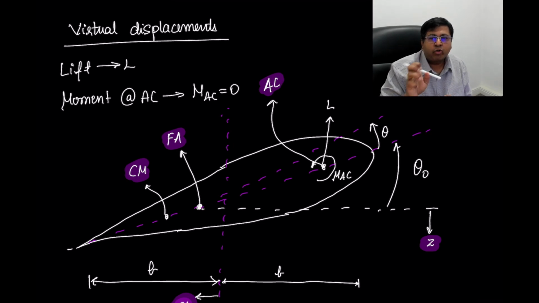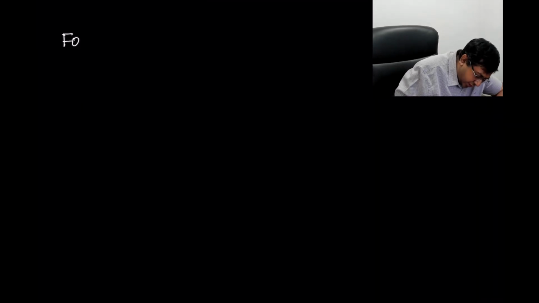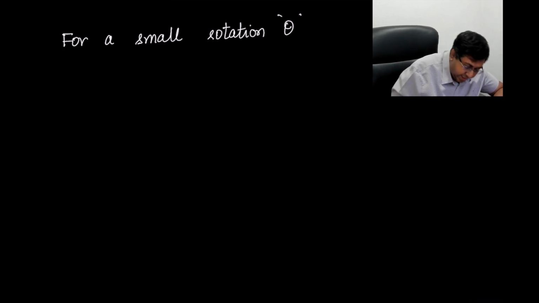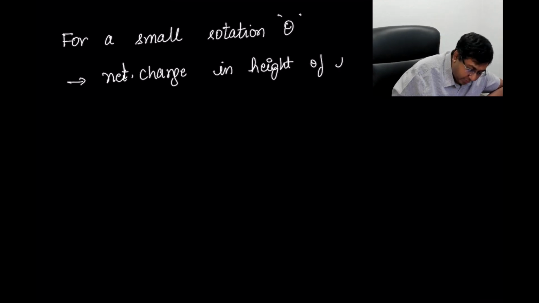So now if there's a very small rotation, delta theta, we can say the net change in the height of the flexural axis is z minus e into theta.